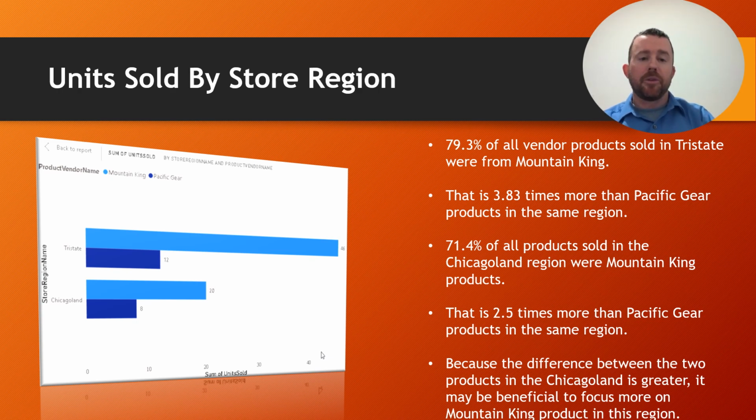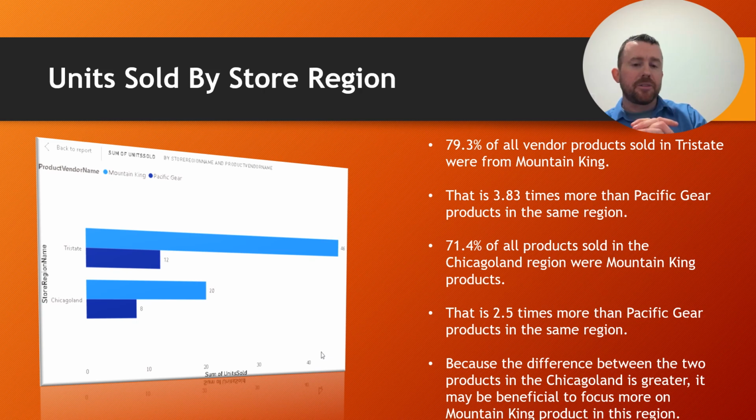Okay, so the units sold by region here, just the first bar chart we're going to get here. Just looking at the chart, you can see a pretty glaring difference here. The light blue represents the Mountain King vendor, and then the darker blue represents the Pacific Gear. So in both regions, there is a pretty significant difference, especially in Tri-State, where there is a much wider difference.